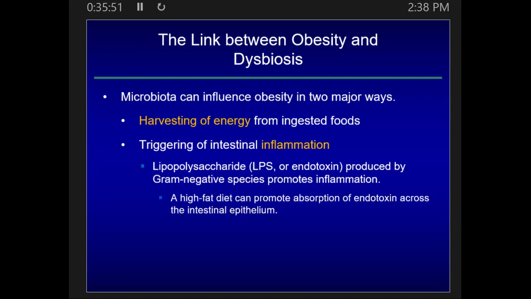What they're finding is if you eat a high fat diet, and again, going back to the ketogenic diet, which promotes eating high fat, it can actually trigger inflammation. The way of seeing that is as you eat high fat, you get a lot of gram-negatives; their populations increase in you. And remember the lipid A portion of the polysaccharide, that's considered an endotoxin.